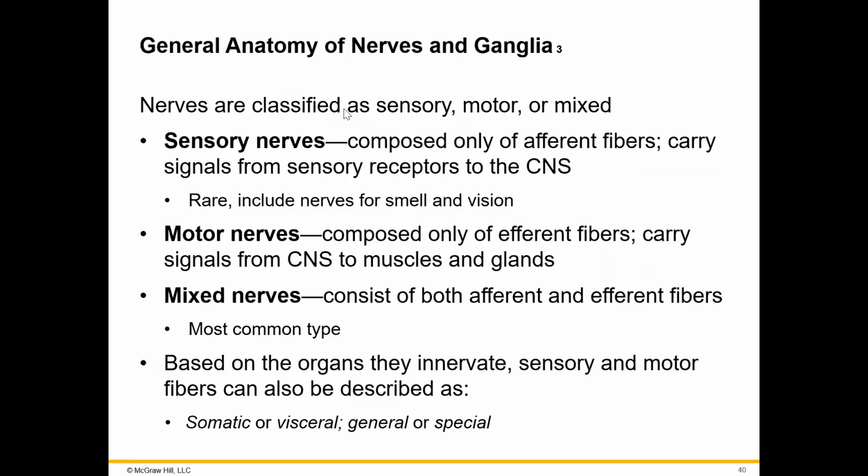The general anatomy of the nerves and the ganglia. Nerves are classified as sensory, motor, and some are mixed. Sensory nerves are composed only of afferent fibers. They carry signals from the sensory receptors to the central nervous system. They are rare. They include nerves for smell and vision.